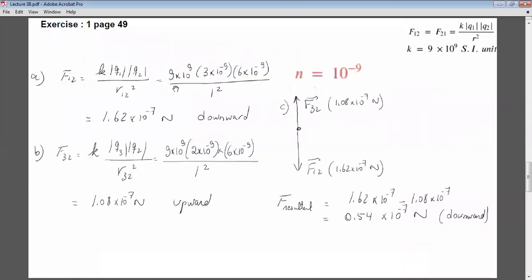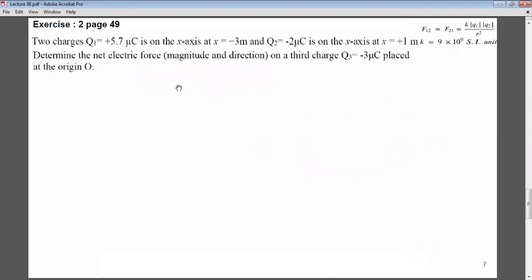Okay, just like this. Let's do another exercise, which is similar. This is the solution. Two charges, Q1 equal to 5.7 microcoulomb, micro is e to the minus 6, is on the x-axis at x equal minus 3.